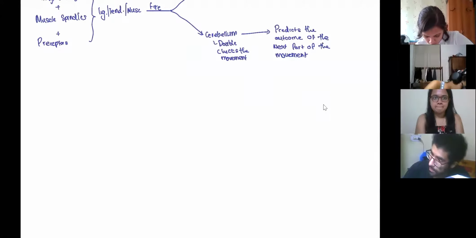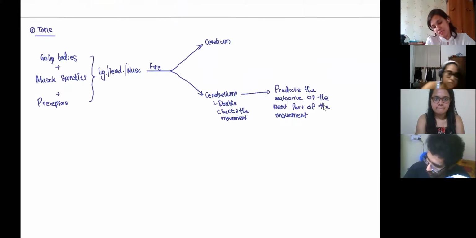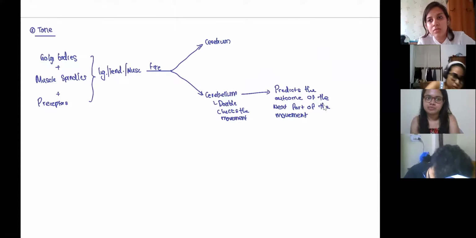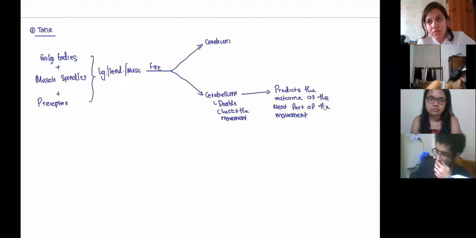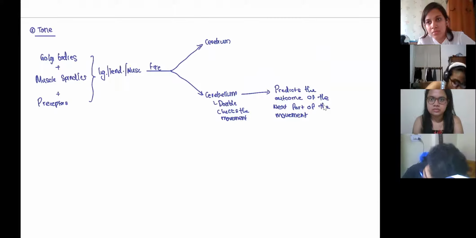Okay, so now understand this: our Golgi bodies, muscle spindles and the pressure receptors tell this is where I am right now. It sends those signals to the cerebrum and the cerebellum, and the cerebellum tells, okay, in the next second you should be here.